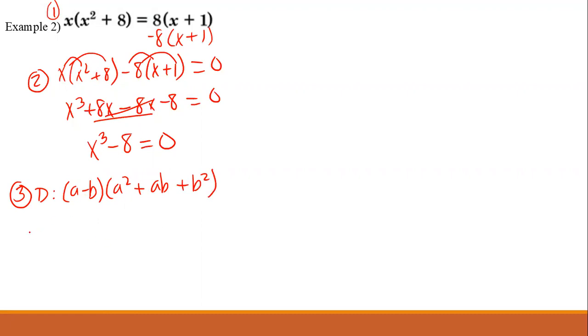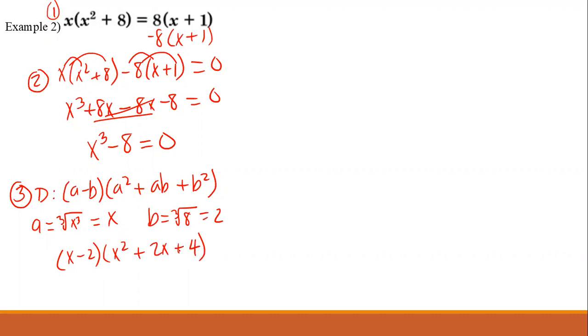So I factor this. So for this, my a equals the cube root of x cubed, which is just x, and my b equals the cube root of 8, which is 2. So my factors are x minus 2 times x squared plus 2x plus 4.